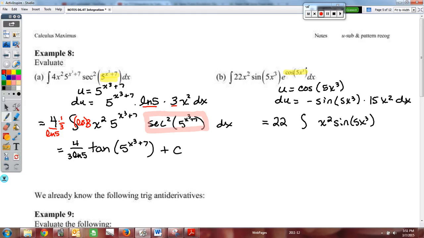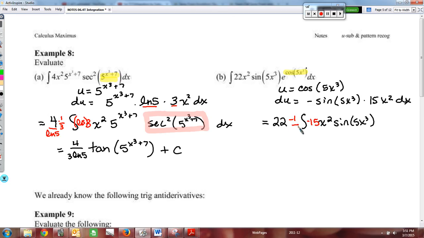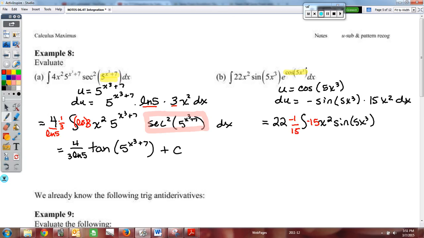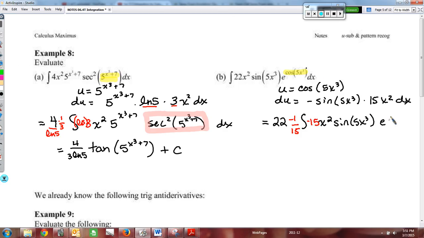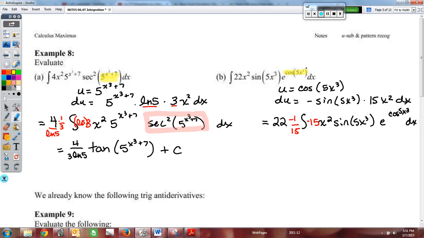So I'm going to have to put in a correction. I put in the negative 15, I take out the negative 15, and then I know that what we have left, my e to the cosine of 5x cubed dx, is the box that is identifying what I'm actually integrating.